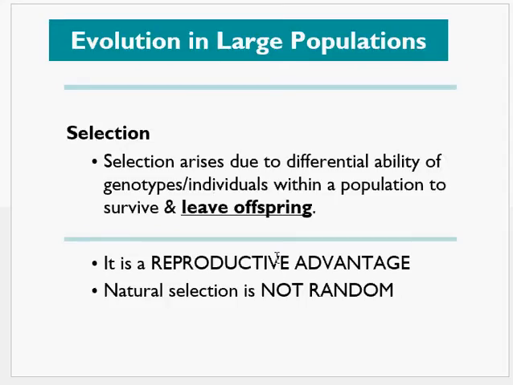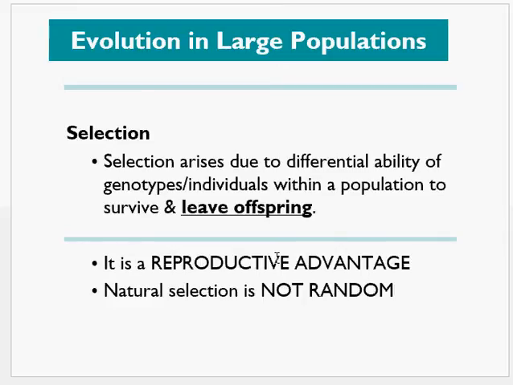Selection arises due to the differential ability of genotypes / individuals within a population to survive and leave offspring. And this differential ability is based on the interaction between the phenotype or the characteristics of that organism and the environment.